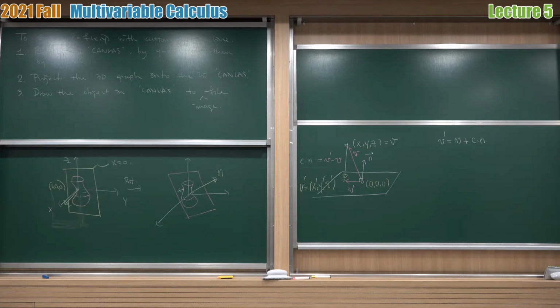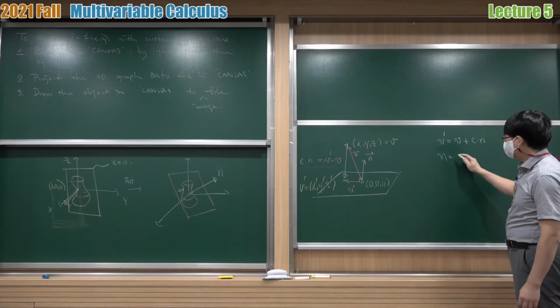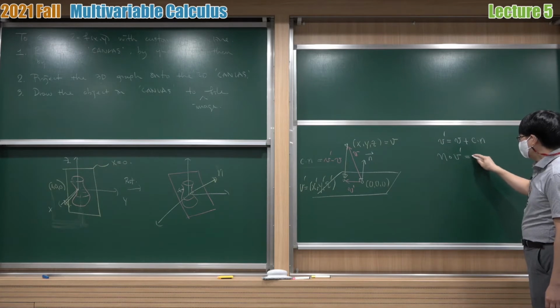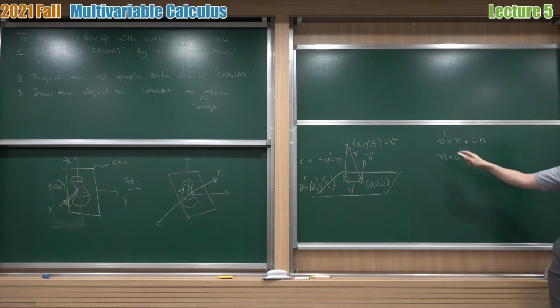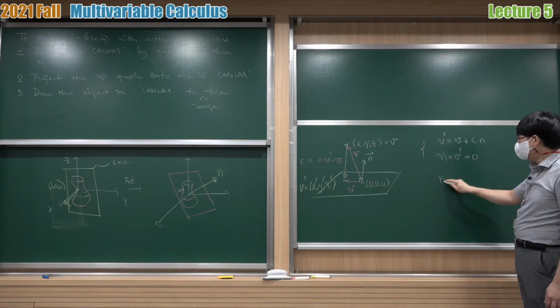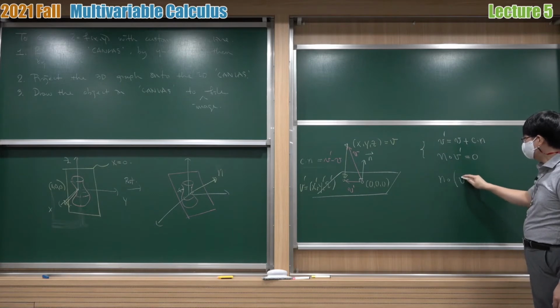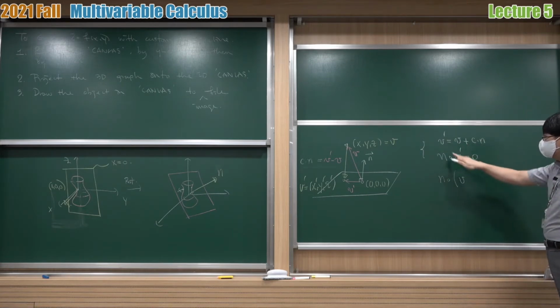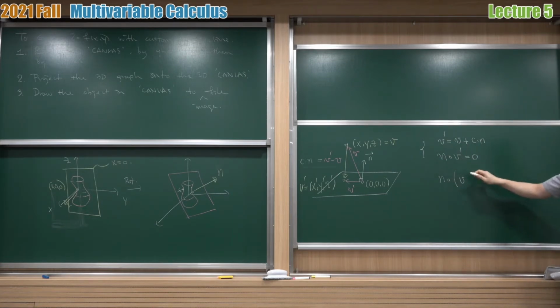Inner product is 0, right? So n inner product with v prime is equal to 0. So let's combine these two equations. We have n inner product, let's replace this v prime with v plus c times n, and that is equal to 0.